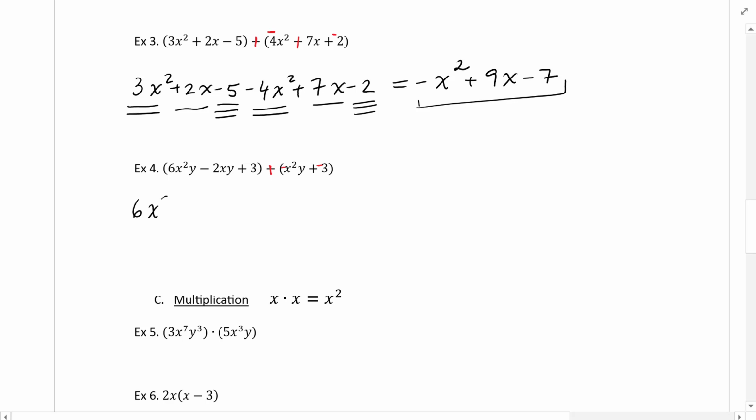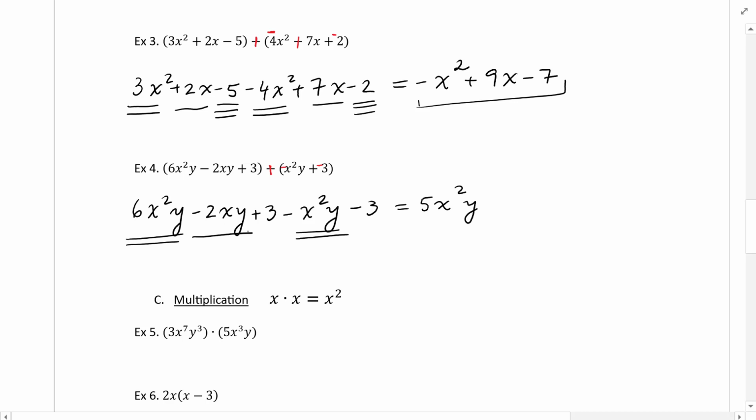So we have 6x squared y minus 2xy plus 3 minus x squared y minus 3. The first term is alike with negative x squared y. So 6x squared y minus 1x squared y is 5x squared y. Minus 2xy, there is no like term. And 3 minus 3 is 0. So this would be the final answer of the subtraction.